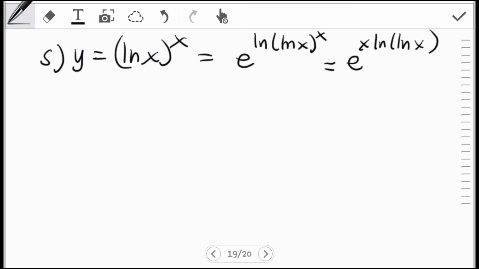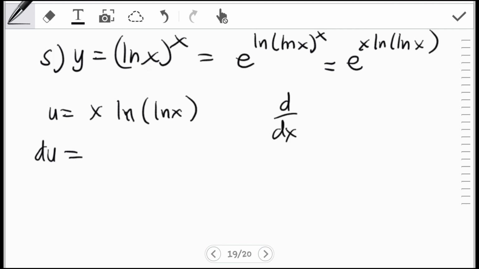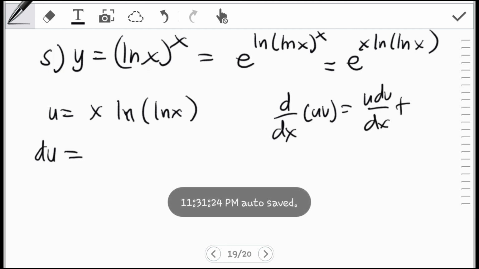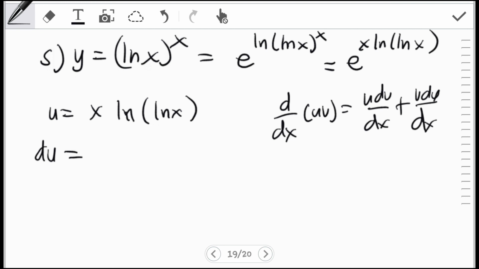So let u be x ln ln x. To find du, take note of this formula, the product rule: d over dx of uv is equal to u dv over dx plus v du over dx.